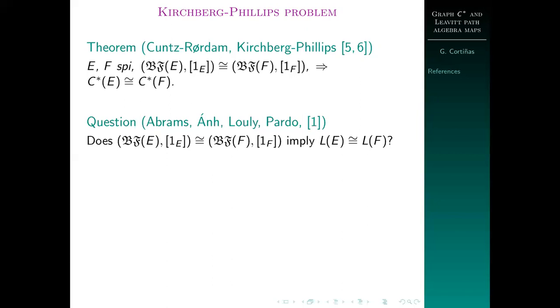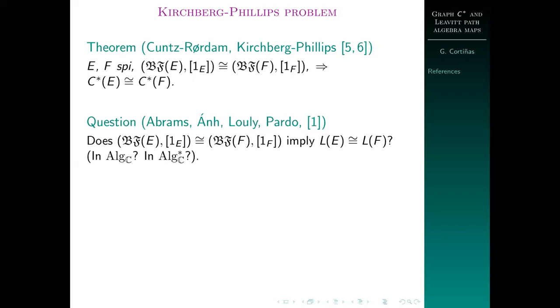Now, LE and LF are algebras, and as I said before, they are also star algebras. So you may ask whether an isomorphism of the Bauer-Frank's invariants implies an algebraic homomorphism, or you may even ask whether there is a star algebra homomorphism.